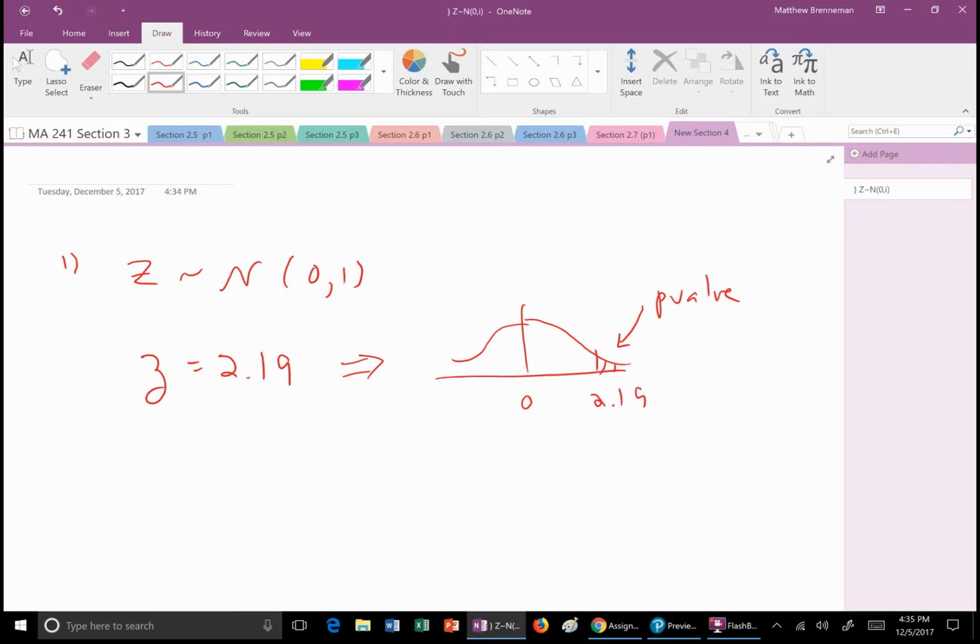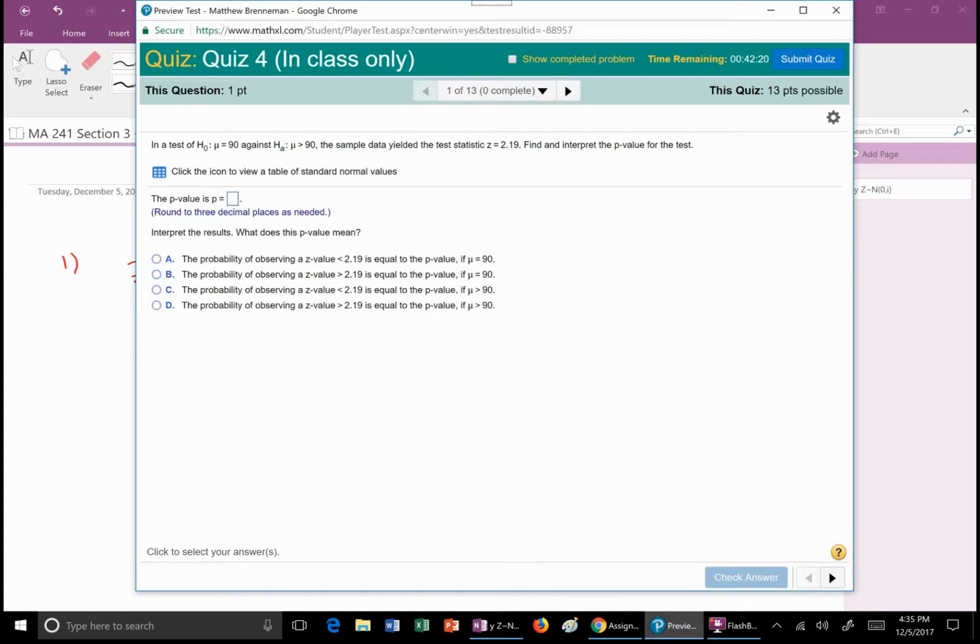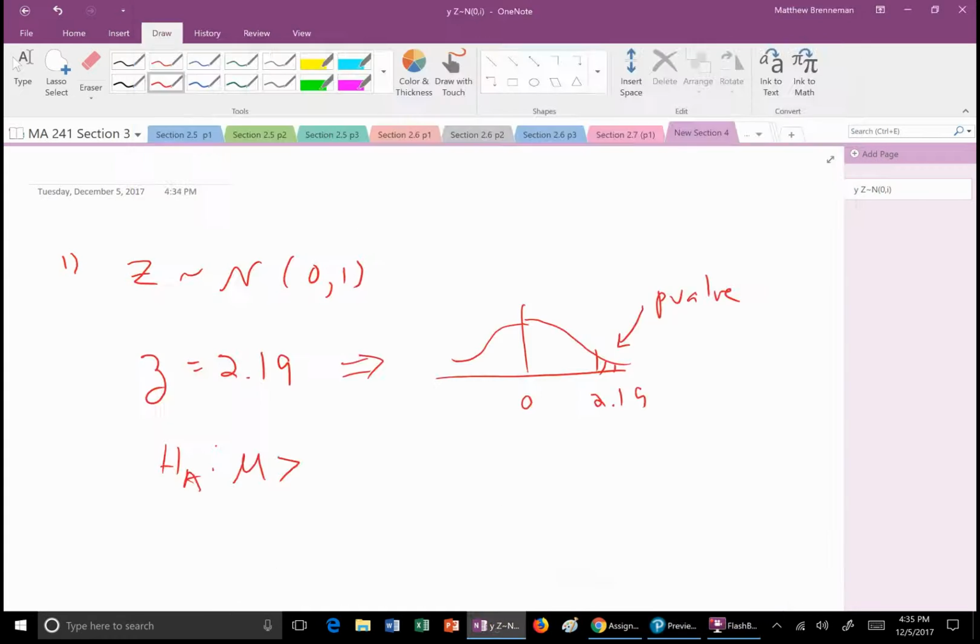And again, when you're looking at z-scores, it's the same as a test statistic. Remember that in this case, the alternative is that we want to see if the mean is greater than a value. In this case, it's 90. So if we were looking at x bar, we'd be testing the upper tail, right?